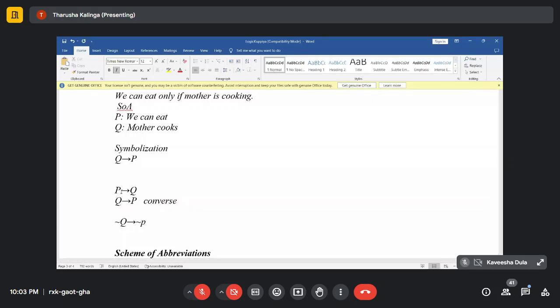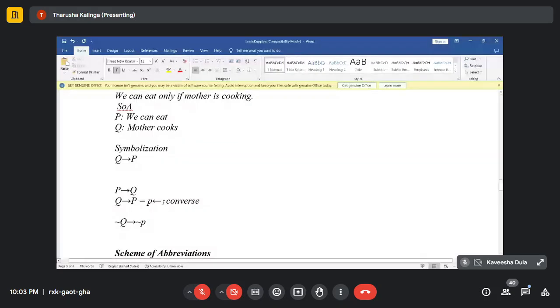So converse is this: Q implies P. Converse means this happens the other way around. This statement is equal to P and this one.